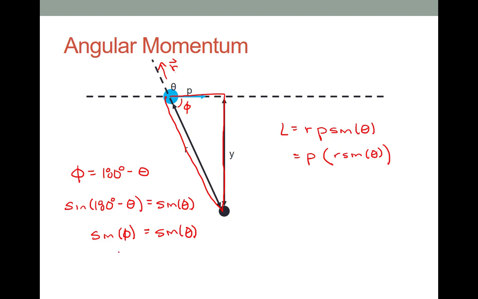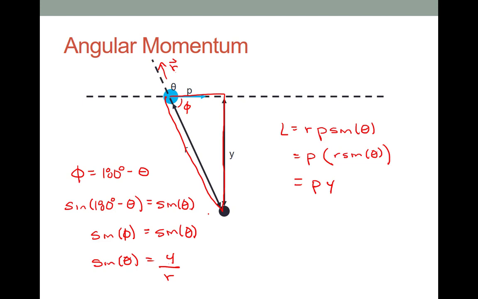If we now look at the sine of phi being the side opposite, that would be y, divided by the hypotenuse, r, you can see that the value of r sine theta will just be p times the value of y, the distance the line of travel is from the observation point.